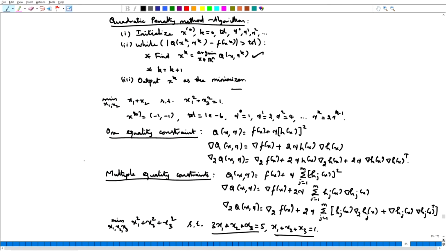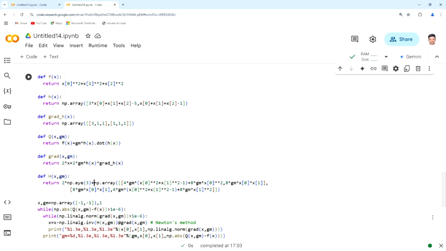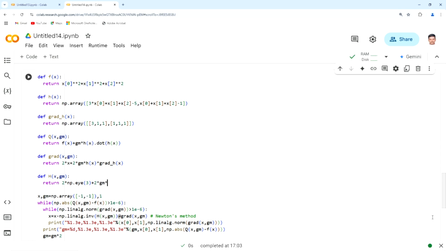And yeah, so here it is going to be 2 gamma into del h j. So, it is this part. So, since del 2 h j is 0, you just need del h j into del h j transpose, right. So, just write that 2 into gamma into. So, yeah, here I will write it as grad h of x transpose at grad h of x.